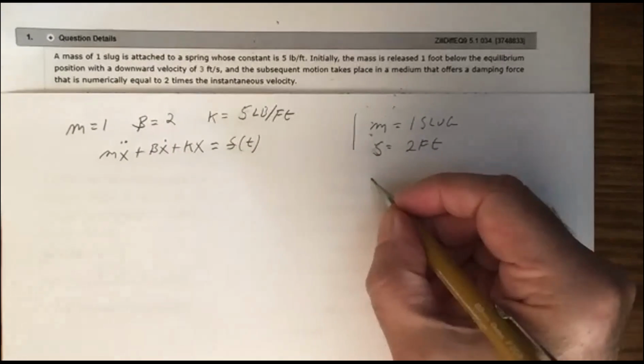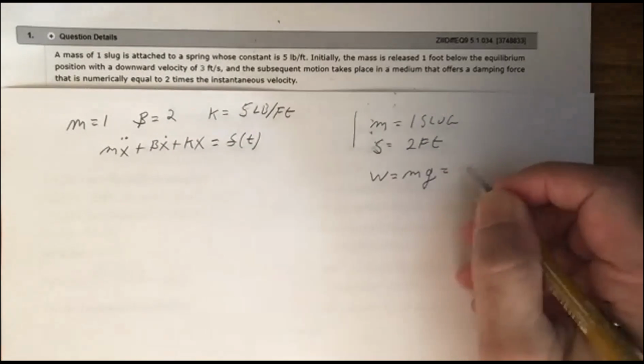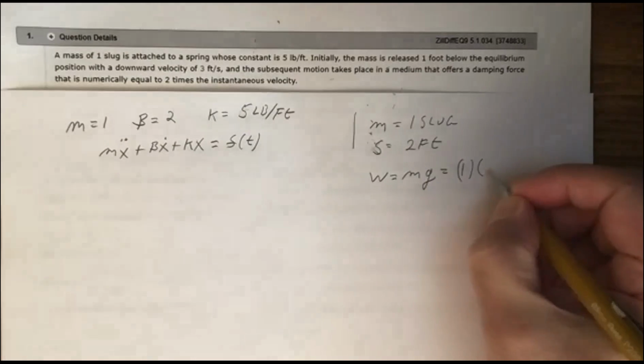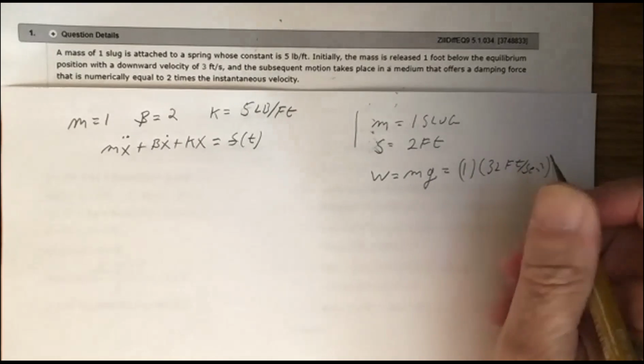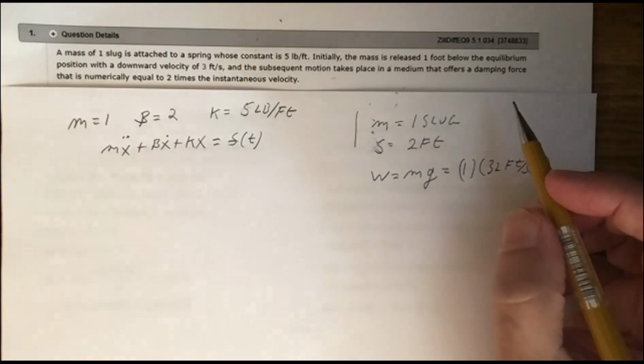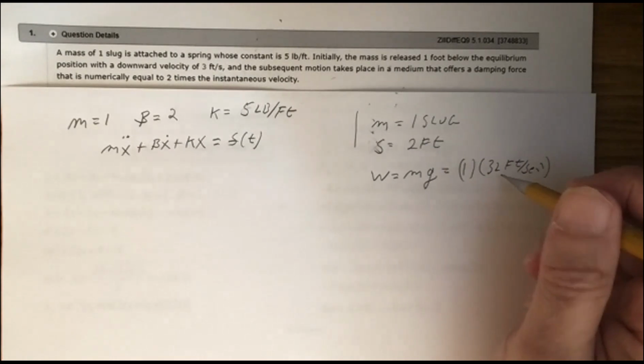So the weight is going to be equal to the mass times g. So this is going to be one slug times 32 feet per second squared. So that's the weight. And we're told that this is pulled down 2 feet.